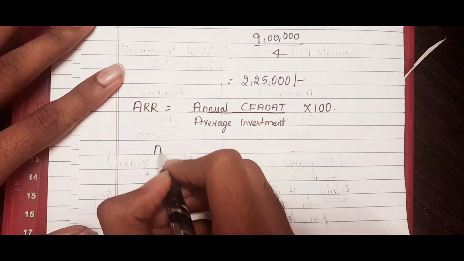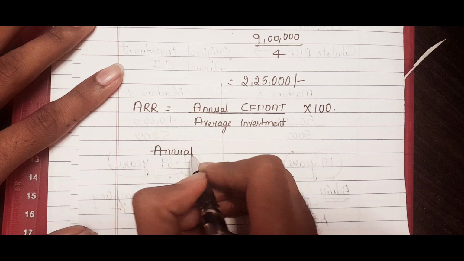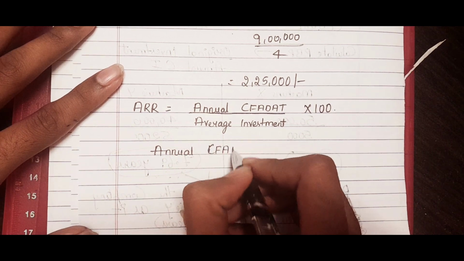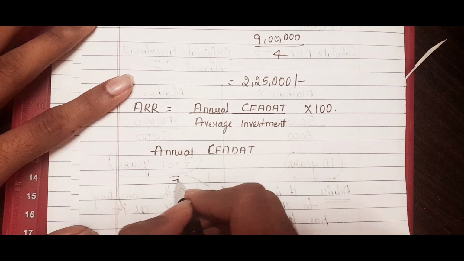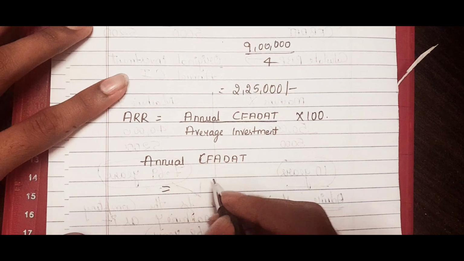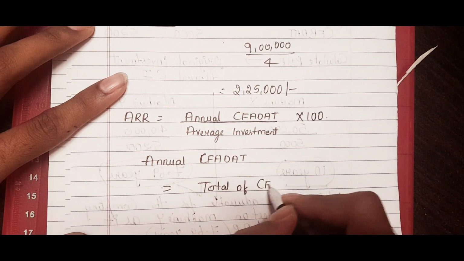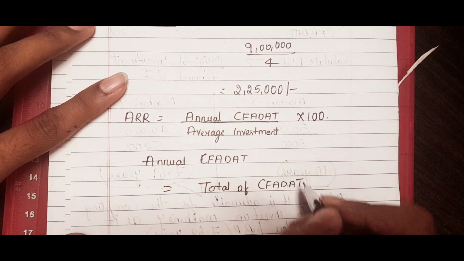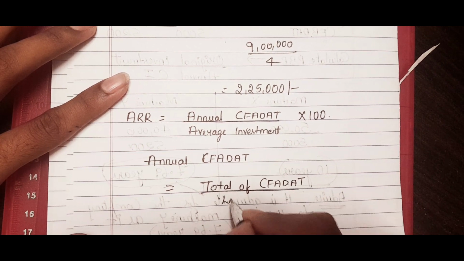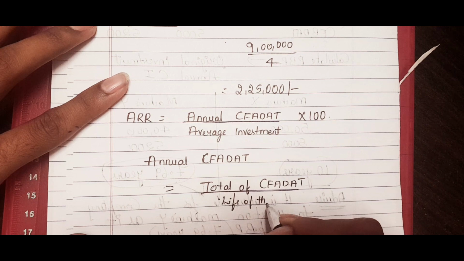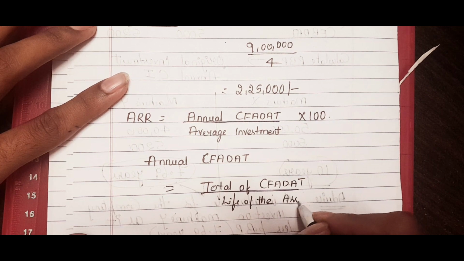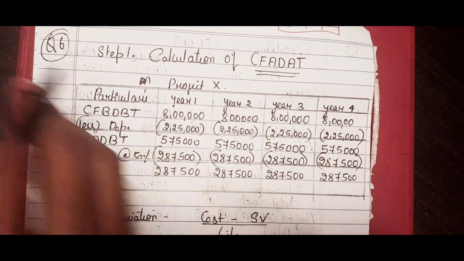Now first let us find out annual CFAD 80. The formula to find out annual CFAD 80 will be total of CFAD 80 divided by life of the asset.